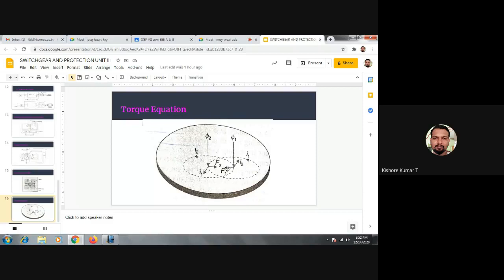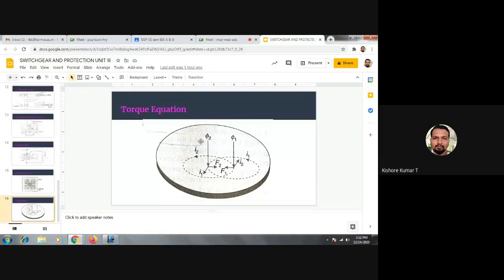So this F1 will depend on I2. Why? Since this flux comes into the periphery of the eddy current which is set up by phi2. Let me explain with clarity.